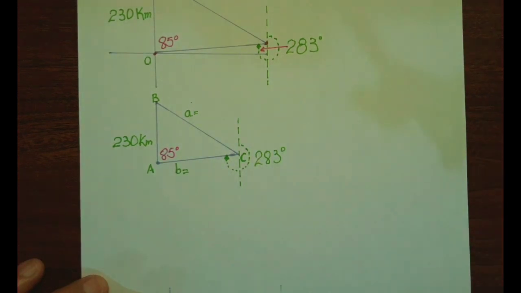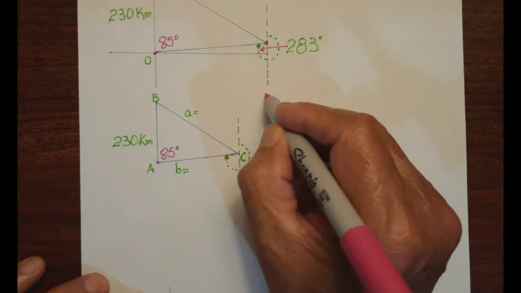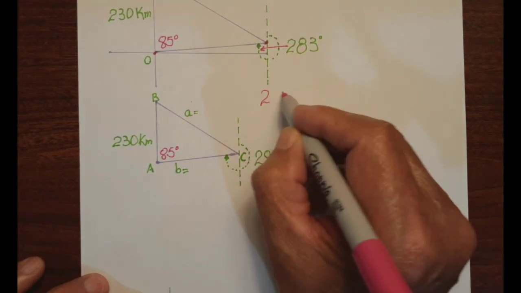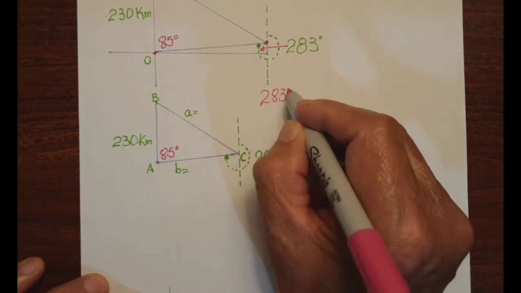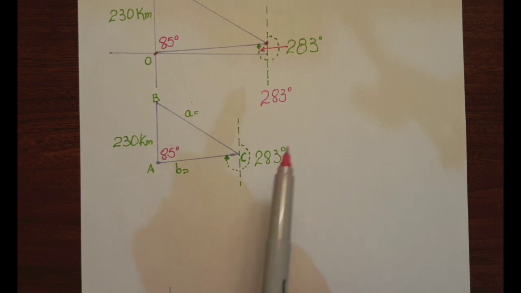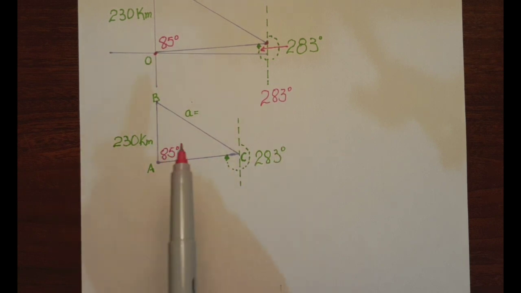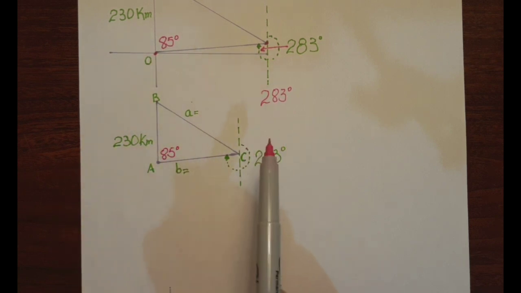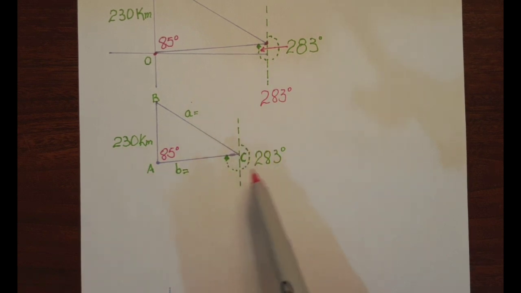Since, okay, 83 degrees. It's going to be equals. Okay, we're going to subtract 180 degrees of the triangle, because no triangle is more than 180 degrees, and this is more than 180.